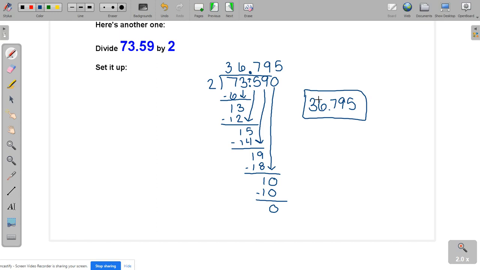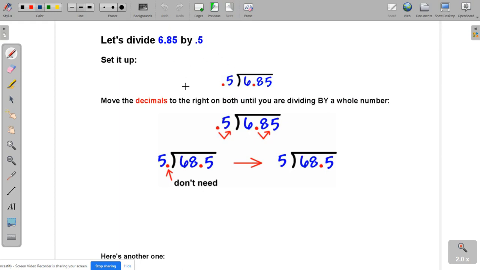Now we're going to have to look at it when we're dividing by a decimal. It's going to be the same process, but we have to do one step first. We want to make what we're dividing by, this decimal, a whole number. So we can move this decimal point 1 place to the right, and when we move it one place to the right, we have to move the other decimal one place too.